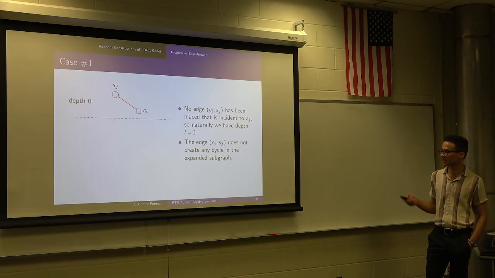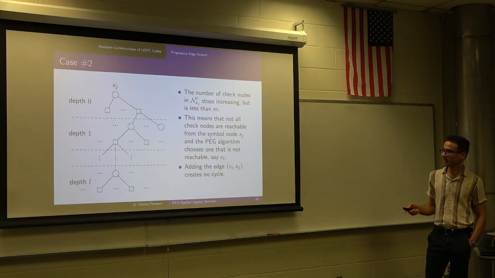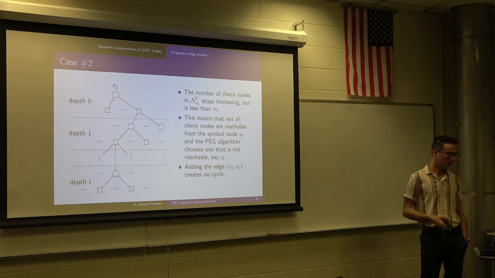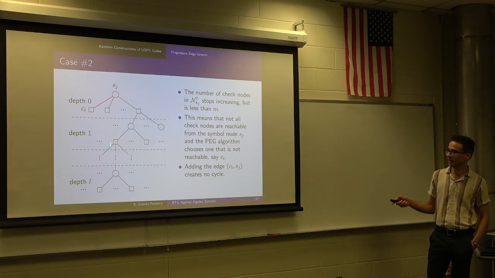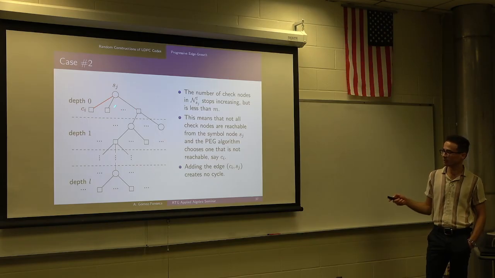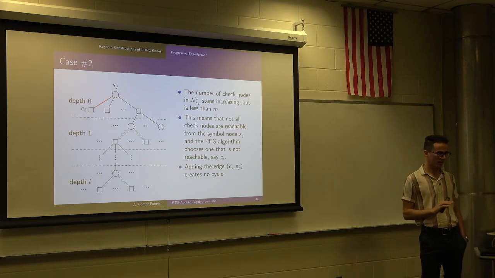That's the first case. The second case is when you have expanded a subgraph from the symbol node SJ, but there are check nodes that are not present in this expanded subgraph. So you're going to choose 1 at random, and you're going to create an edge, and this is depth 0 again. So the creation of this edge doesn't create any cycles.